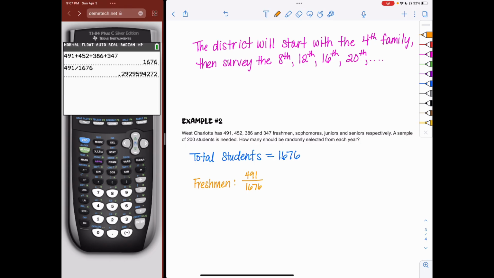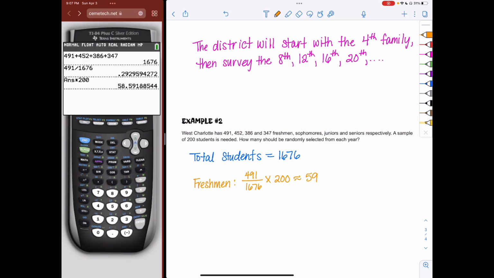Then I'm going to multiply that number by how many people I actually need, and I need 200 people. When I multiply that by 200, I end up getting approximately 59 students.